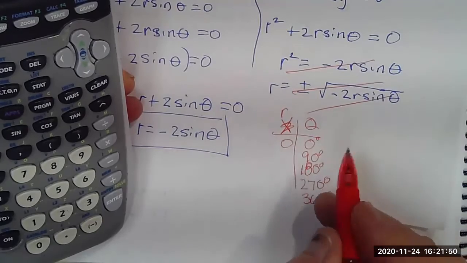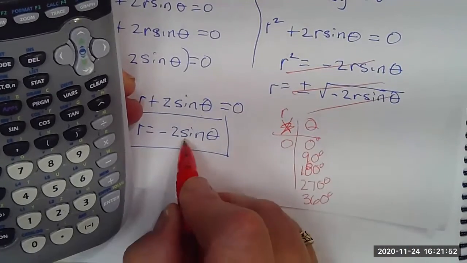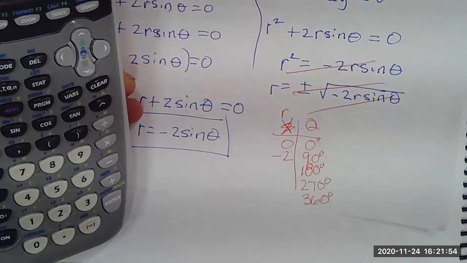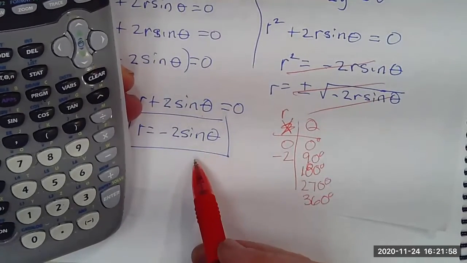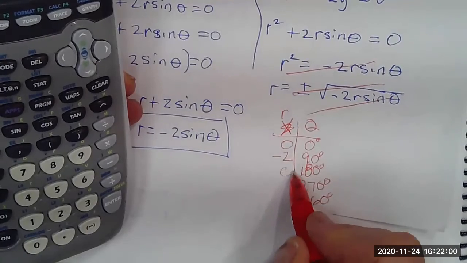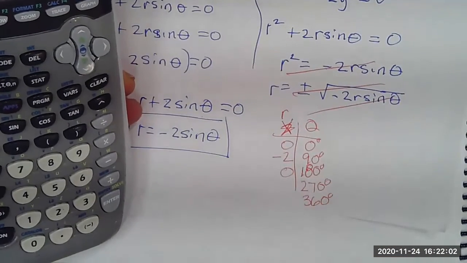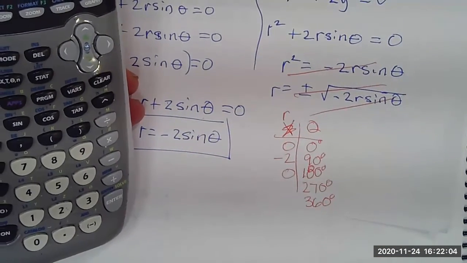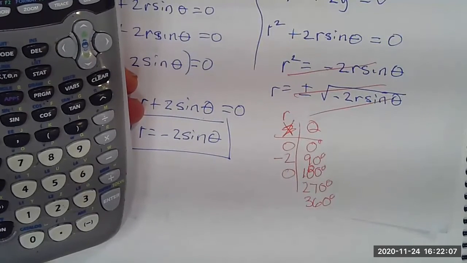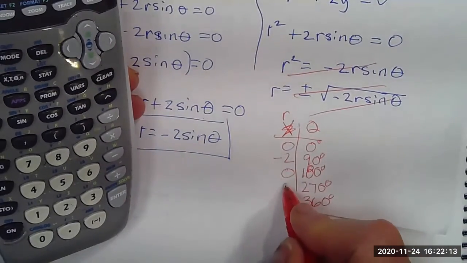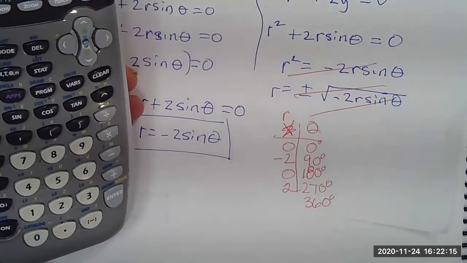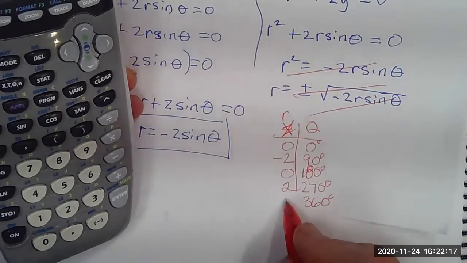This was 0. This was negative 2. Sine of 180 is back to 0. Sine of 270 is negative 1, and negative 1 times negative 2 is positive 2. And at 360, we're back to 0 again.